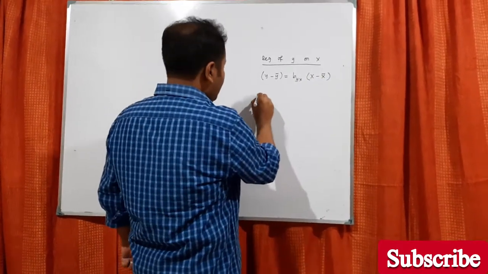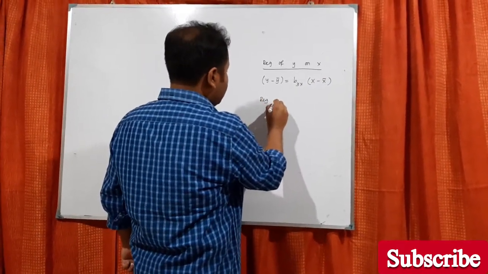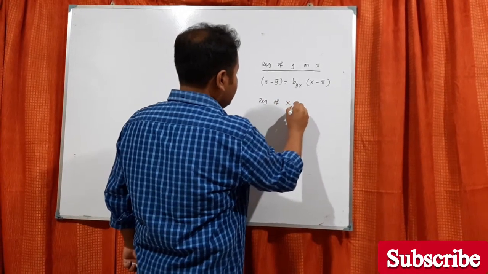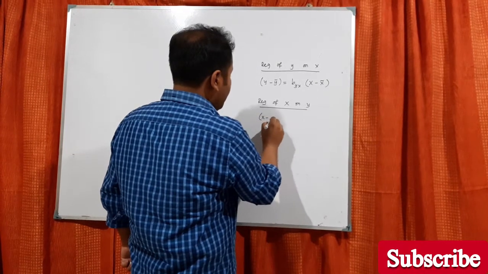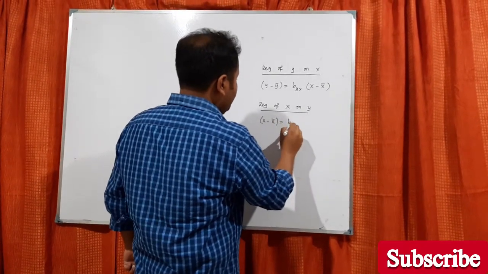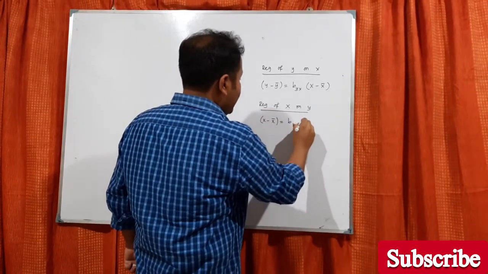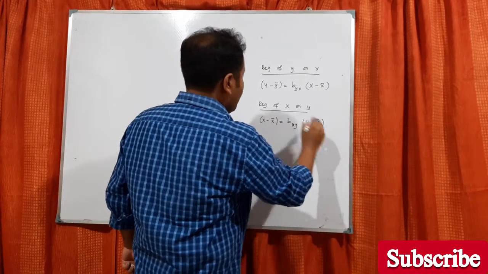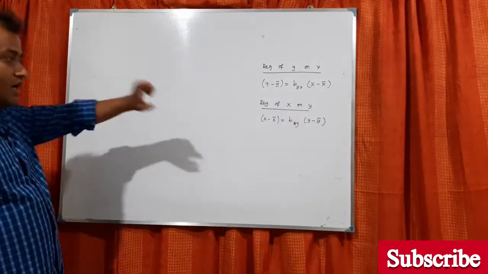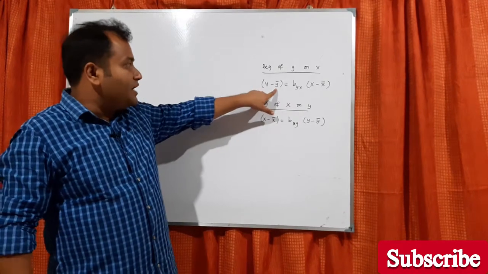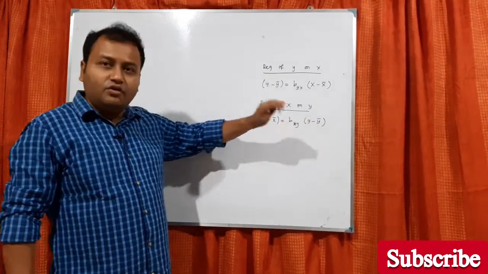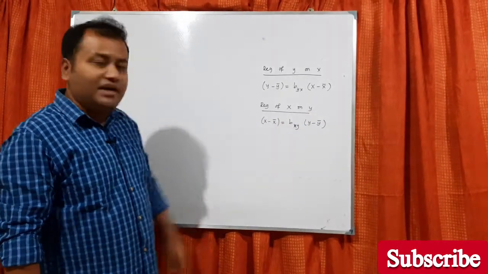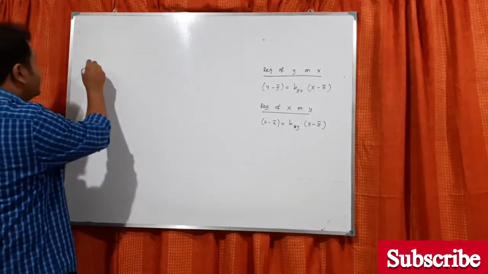The regression of x on y will be x minus x bar equals b_xy times (y minus y bar). Here y bar means the mean of y and x bar means the mean of x, so we can know those. But what are b_yx and b_xy? These are the regression coefficients.